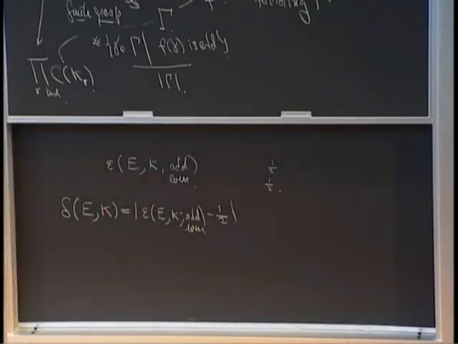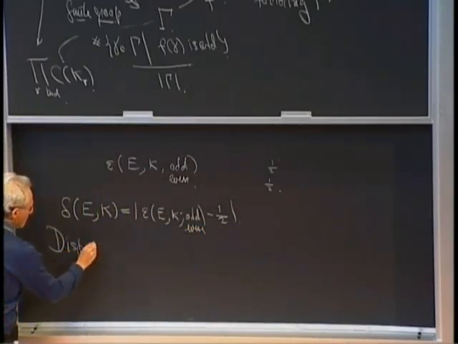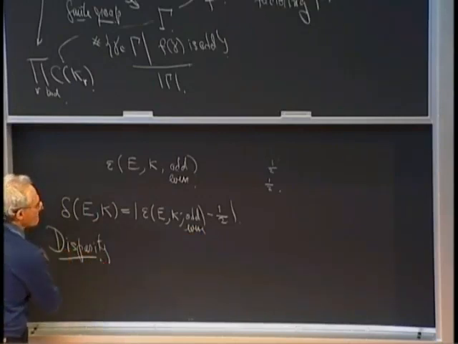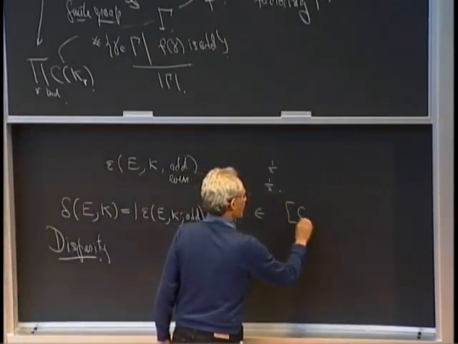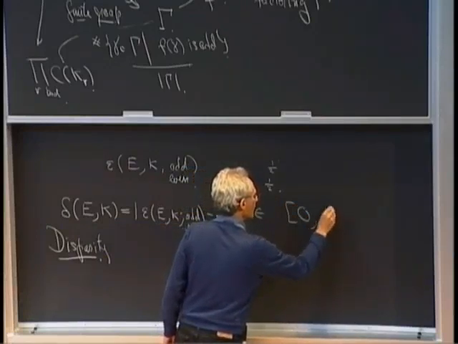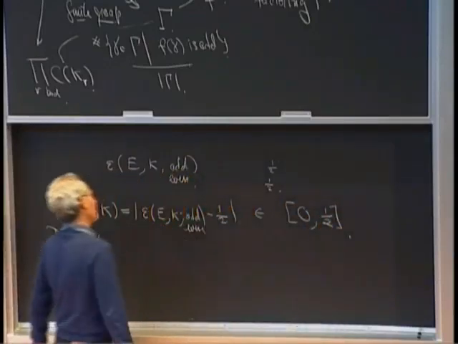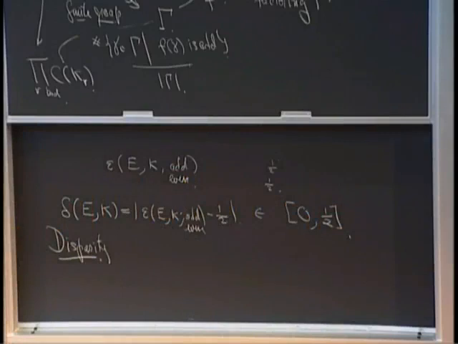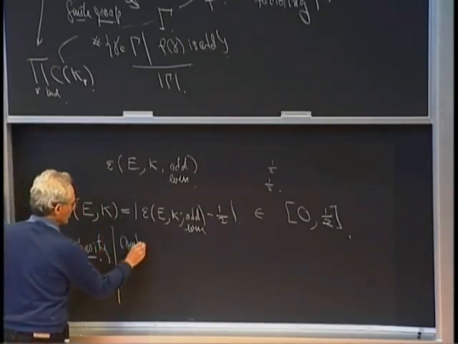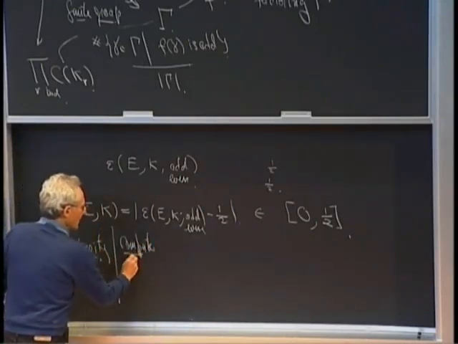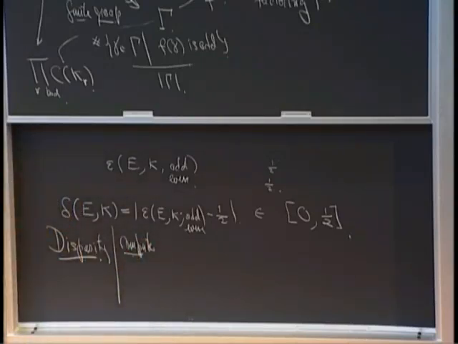So this would be the disparity. It's in the range 0 to 0.5. And so what is it? It's computable.